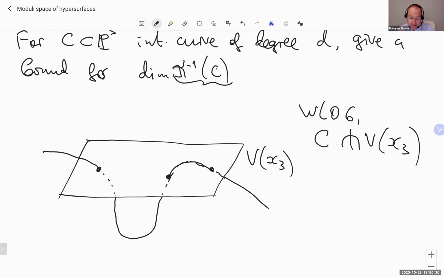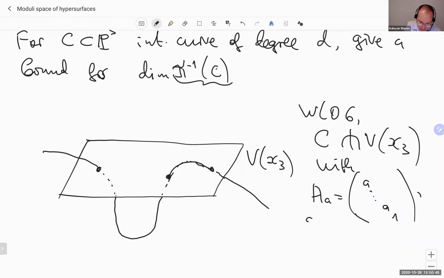We can apply a degeneration technique, with the projective linear transformation with a on the diagonal and then 1 at the bottom right, a not equal to 0. And you can take C_a to be this transformation applied to C.